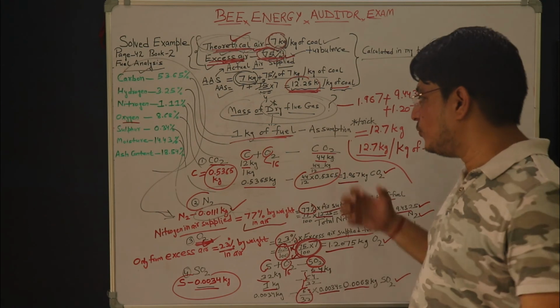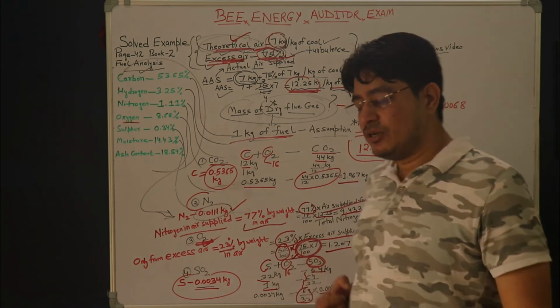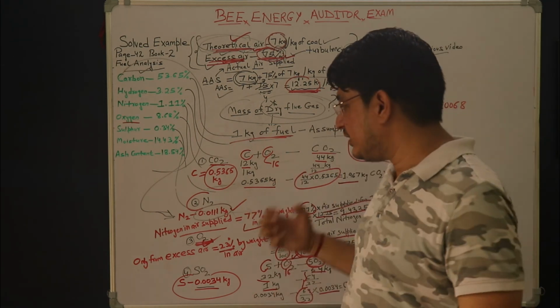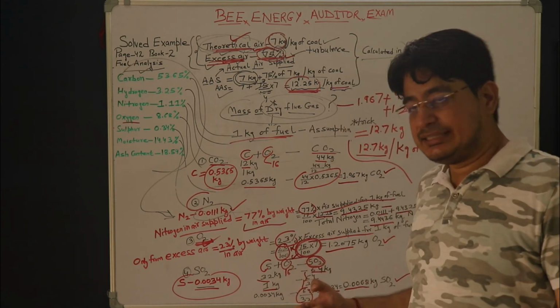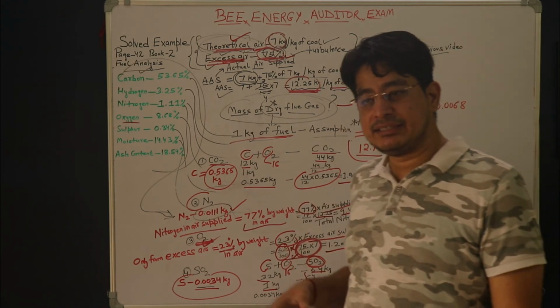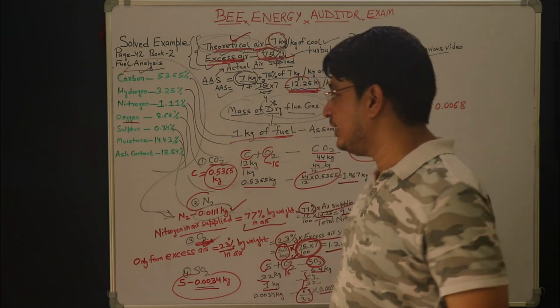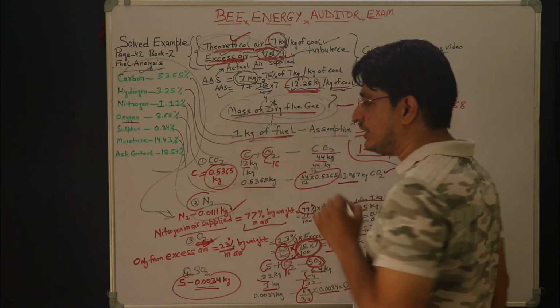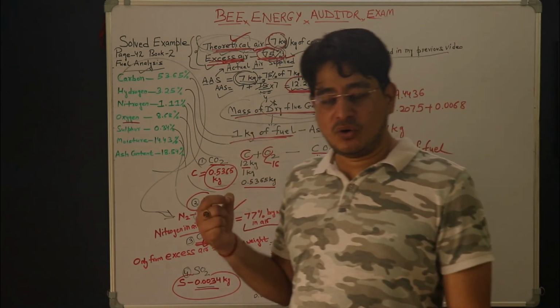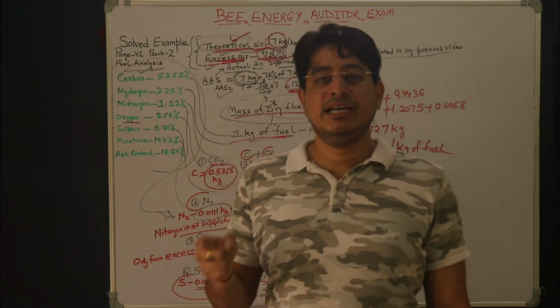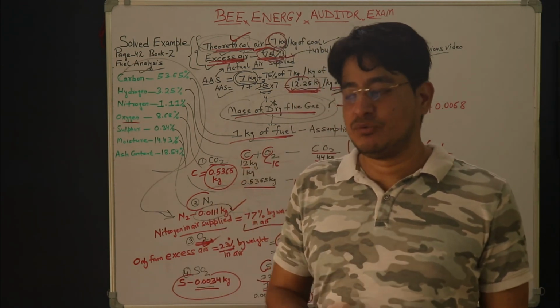So friends, I hope you have understood the concept of the dry flue gas, how we can calculate each of the constituents present in the flue gas, and thereby how we can calculate the mass of the dry flue gas, because this is required in all the line items whereby indirect efficiency is calculated.